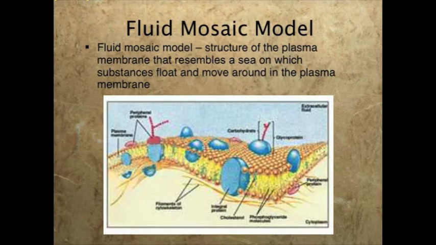Many scientists refer to this lipid bilayer as a fluid mosaic model because it's not rigid, it's able to move. The structure of the plasma membrane resembles a sea on which these other proteins and carbohydrates are able to float and move around.